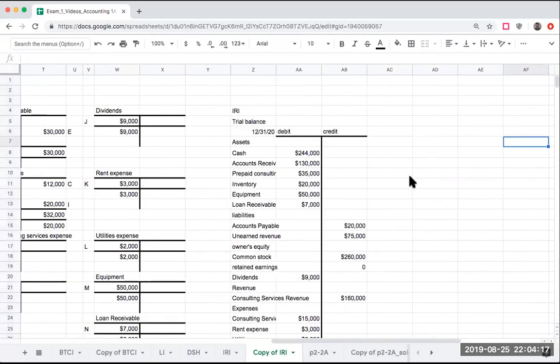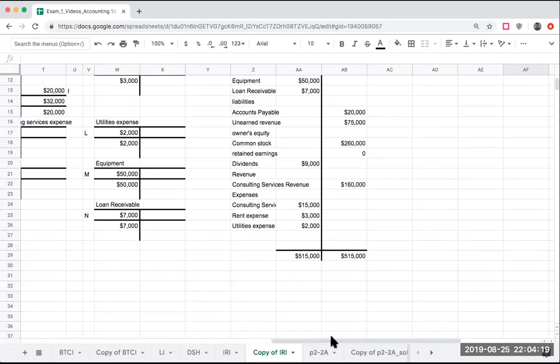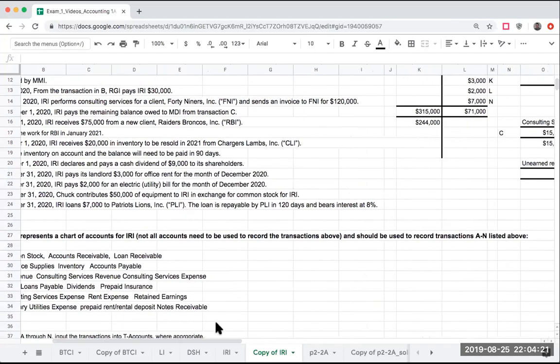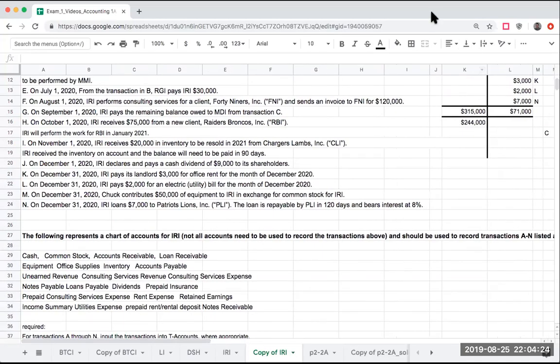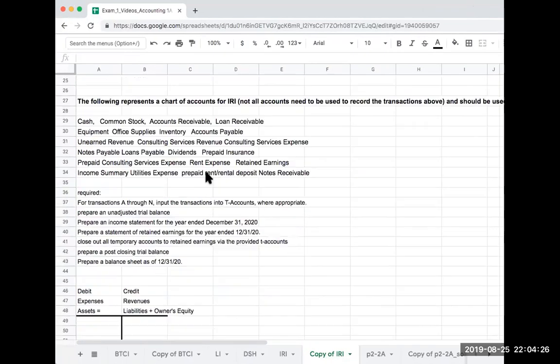Okay. So once I've done this over here, I go over here to my next one. So I've prepared an unadjusted trial balance. So what do I want to do next? Before I do retained earnings, I'm going to do an income statement.